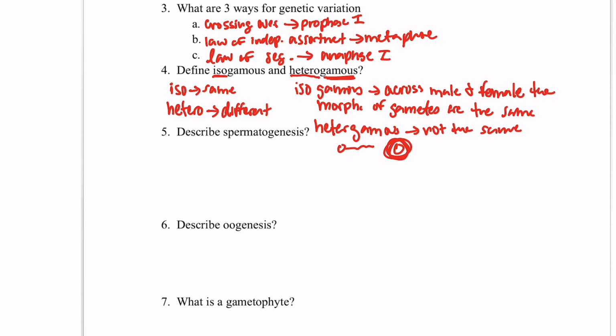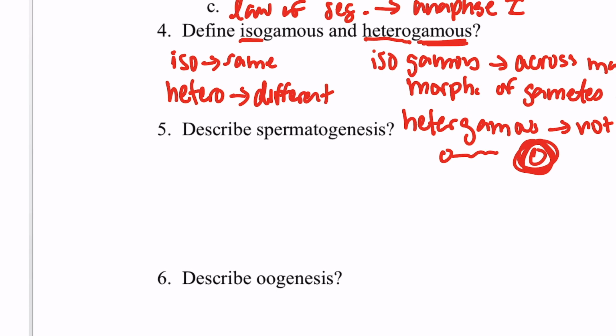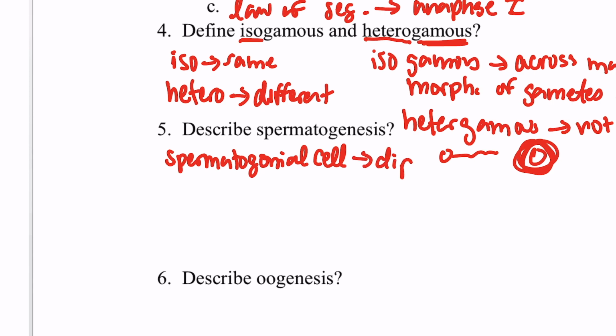So question number 5 is asking to describe spermatogenesis. For this exam, I think you should just have a general overview, be able to compare and contrast spermatogenesis and oogenesis. So for spermatogenesis, we're going to start off with spermatogonial cell. This is our diploid sperm cell. And then this spermatogonial cell is going to divide into a primary spermatocyte.